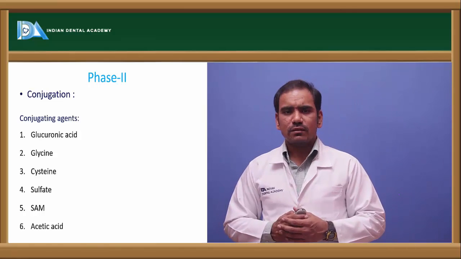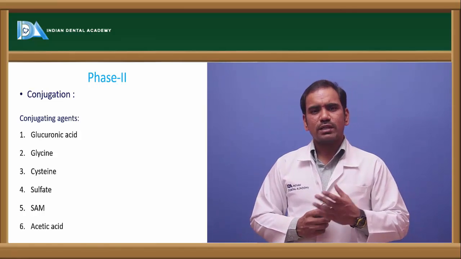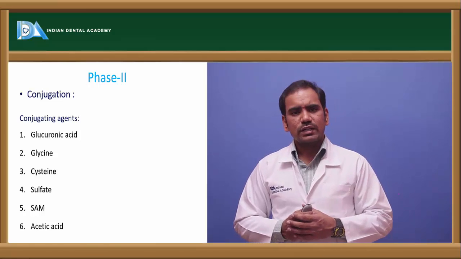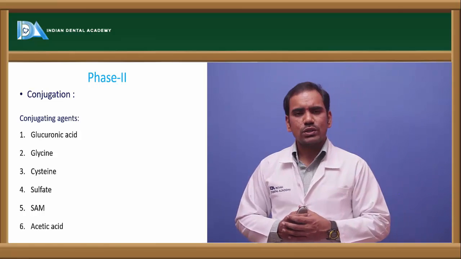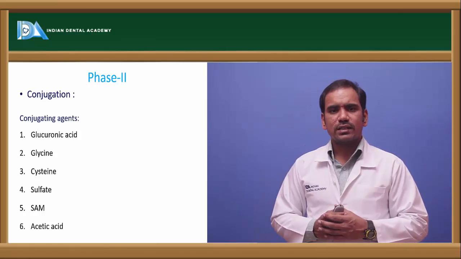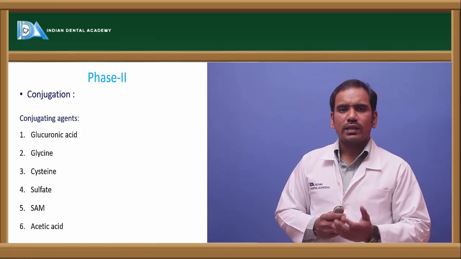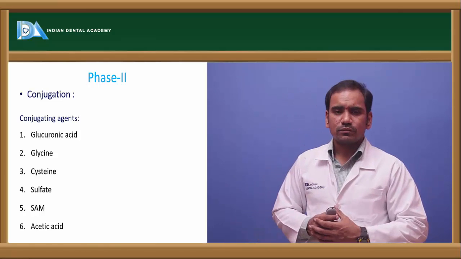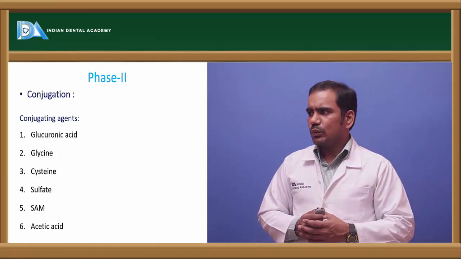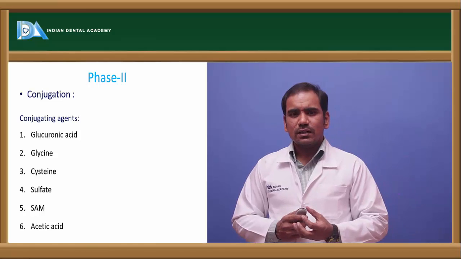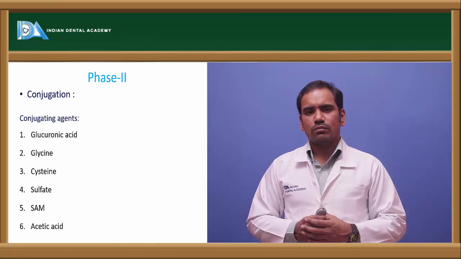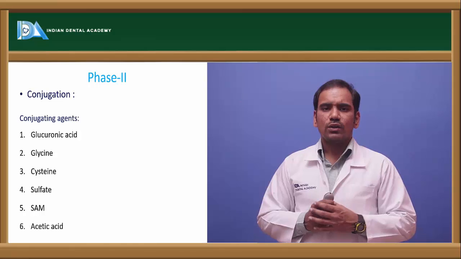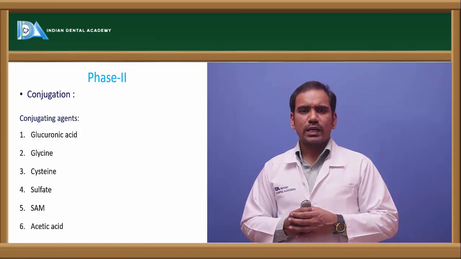Coming to glycine. Glycine, the simplest amino acid, also acts as a conjugating agent. This glycine reacts with benzoyl-CoA and converts that into hippuric acid, and that is excreted from the body. Right. And coming to cysteine, which is present in glutathione. Glutathione and cysteine together act as conjugating agents.